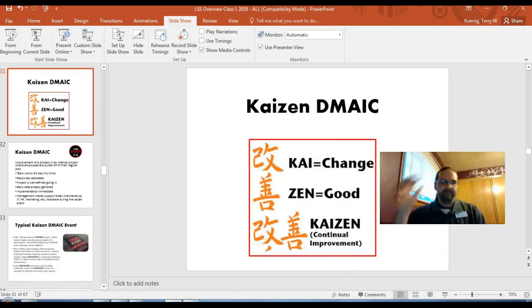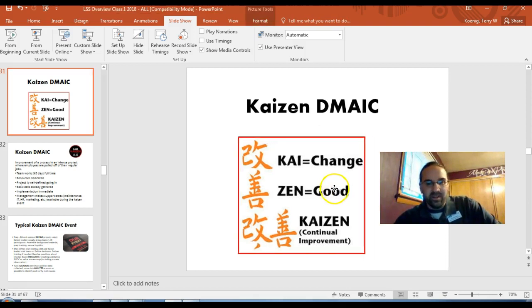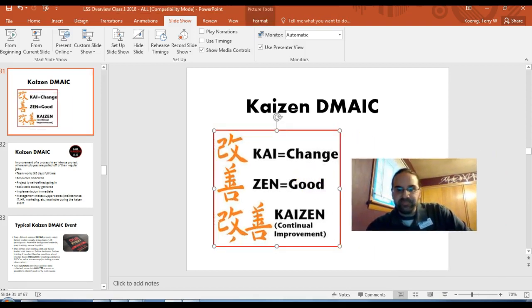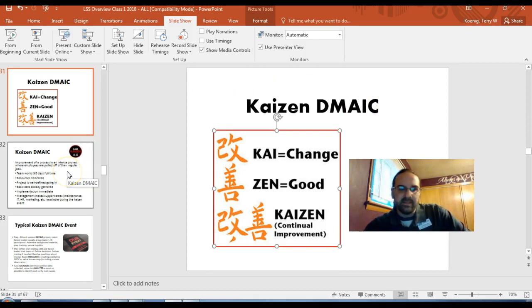All right. On to Kaizen. Kaizen, potato, potato. Some of these fancy words, they all mean the same thing. So Kaizen is good change. You're making a change. Hopefully it's for the better. You're going to use the DMAIC: define, measure, analyze, improve, and control. You're going to use that process.